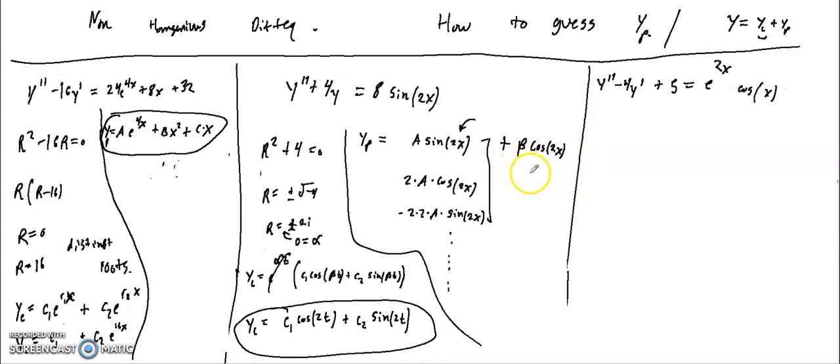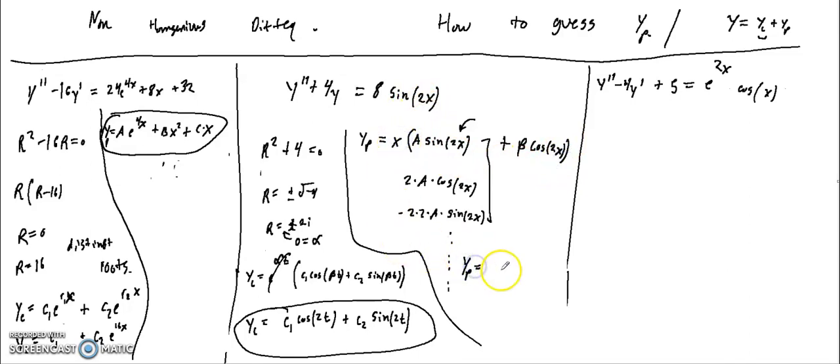But there's another problem here. That's exactly what we have down here. c1 and c2, a and b. Add those together. I mean, a constant plus a constant is still a constant. So we actually need to multiply this whole thing by another x.